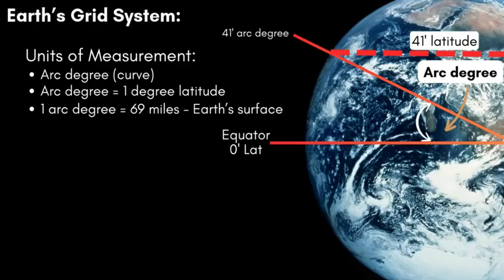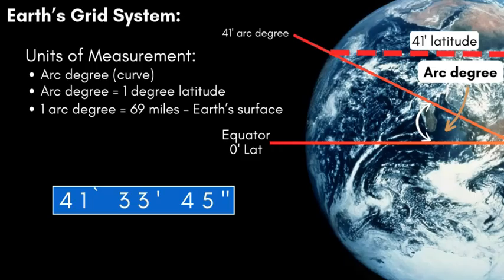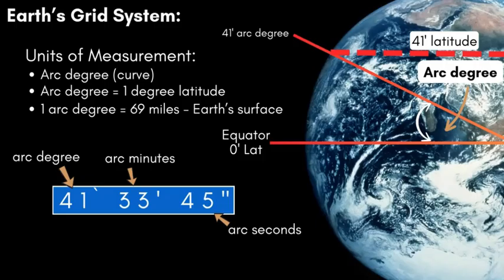First, we have the number for degree, then we have a number for minutes, and a number for seconds. So it becomes this subdivided, more accurate and precise location of latitude, which is created between the arc, the angle of the equator, to where you are on the Earth's surface. So let's say 41 degrees, 33 minutes, and 45 seconds. That would give an accurate location of your latitude on the Earth's surface based on the northern or southern hemisphere.